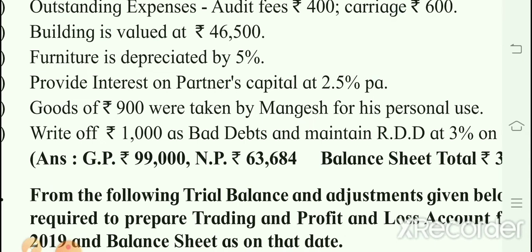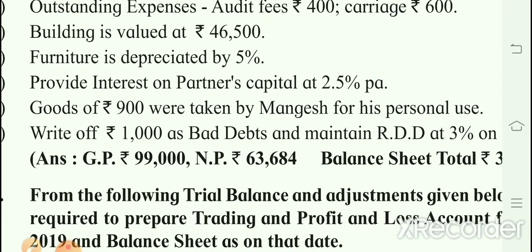As this problem is based on the fixed capital method, the adjustments will be carried through the partners' current account. Now see, in the partners' current account on the debit side we will write the drawings of Mangesh as the deduction, as we used to deduct the drawings from partners' capital.